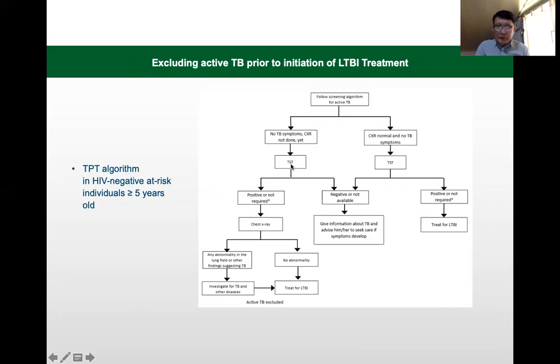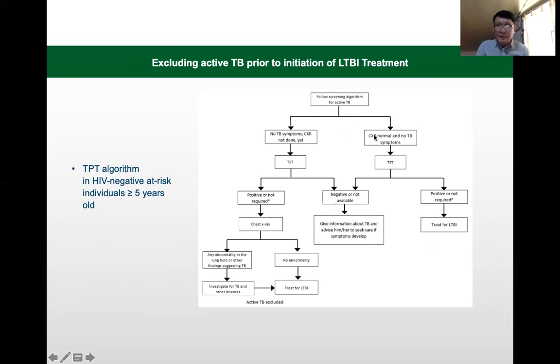If positive or not required, you do the chest X-ray. If the chest X-ray has no abnormality, then you can treat for LTBI. But if the chest X-ray has abnormality in the lung field or other findings suggestive of TB, investigate for TB and other diseases. Once active TB is excluded, then you can proceed with your treatment for LTBI.